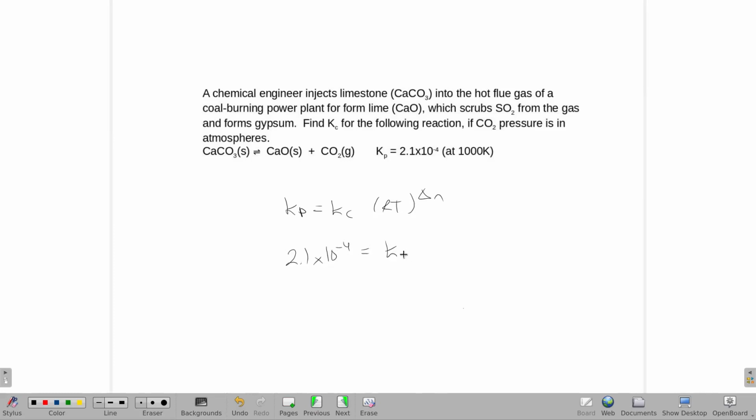We're going to solve for Kc. Our R is our gas constant R, and our temperature is the temperature in Kelvin. And our delta n in this case is, we only have 1 mole of gas here, so 1, and no gas over here on the reactants, so 0 minus 1.